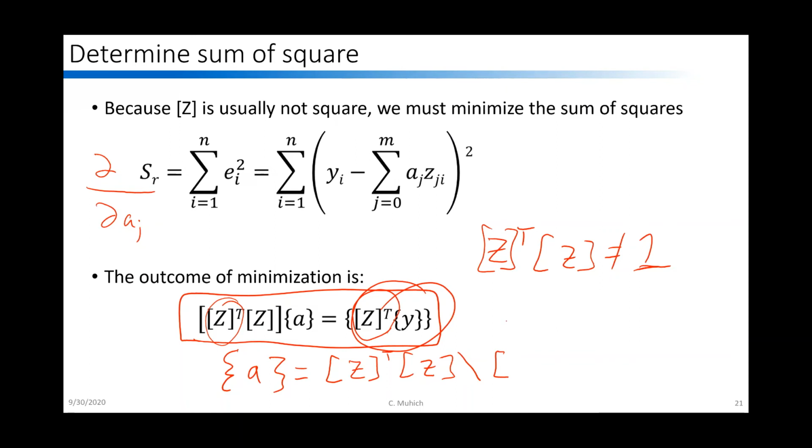Back division of this, I'll put parentheses in here, z transpose y. Okay, so now we can do our matrix math.